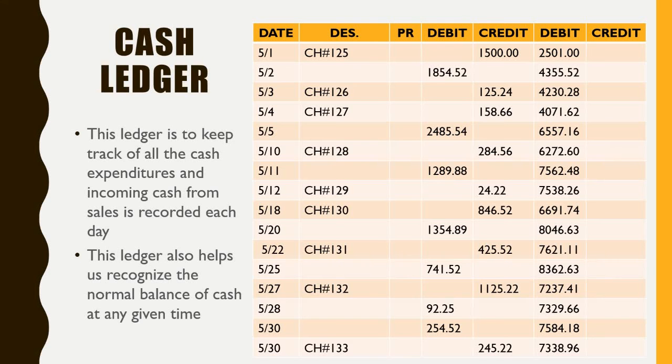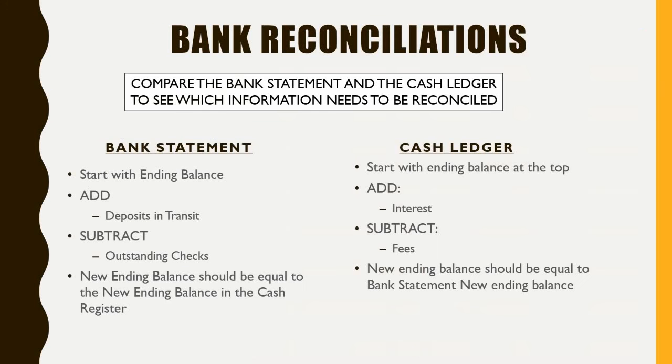Now, what's the point of having a bank reconciliation? Well, like I've mentioned before, the whole purpose of a bank reconciliation is to match your books against the bank's books. Because there's always going to be one thing that you know that the bank doesn't know, or something the bank knows that you don't know.